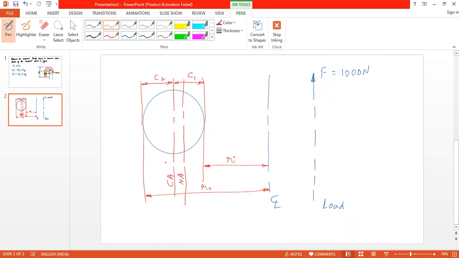The distance between the inner radius and the neutral axis is Ci, and the distance between the neutral axis and the outer radius is C naught. And the distance between the central axis and the load line is the perpendicular distance.